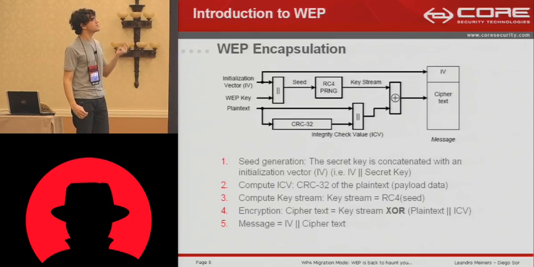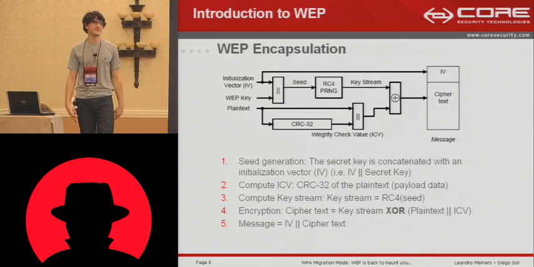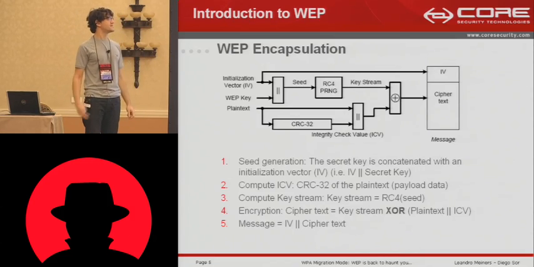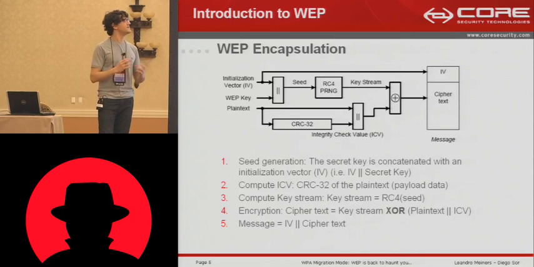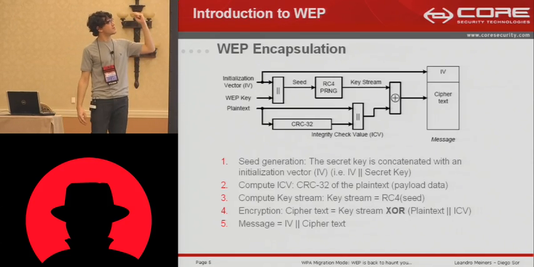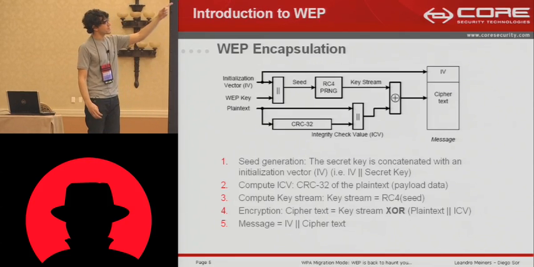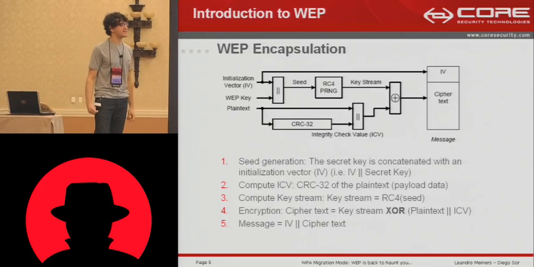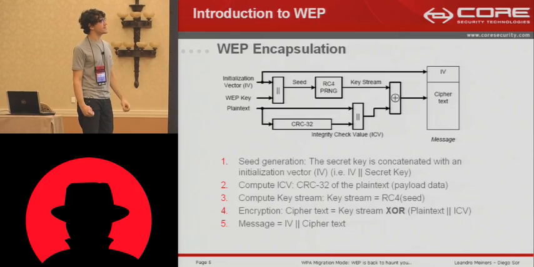We concatenate the two, and this is called the seed that enters the RC4 pseudo-random number generator, which is basically the RC4 generator of the key stream. So the key stream is the encryption material that we are going to XOR with the concatenation of the plain text and the ICV. So from there, we get the ciphertext.